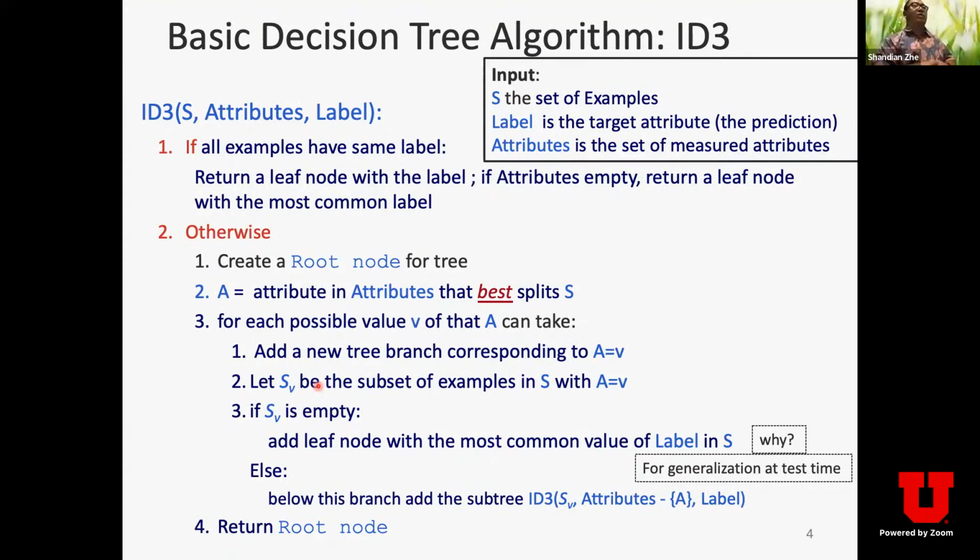In other words, there are not any examples in S that have attribute A equal to V. In this case, we're going to add a leaf node, right? We're going to add a leaf node and assign the most common label in S as the label for the leaf node. Why? Why shall we do this?